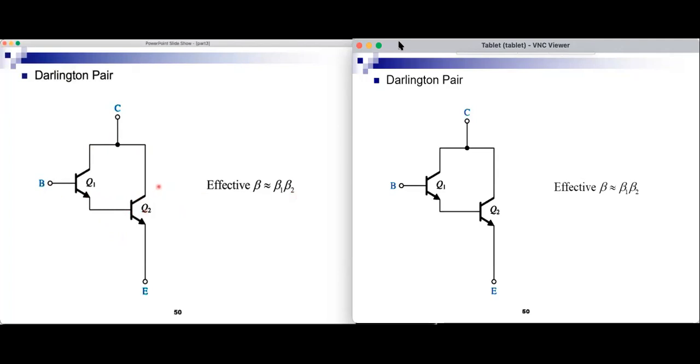If you need a BJT with a very large beta, you can build it from two transistors connected in this fashion and consider the two together as one super beta BJT. The beta could be maybe 5000, 10000, 20000, very, very large. And in this case, the base current becomes very, very small and the input resistance becomes quite large.